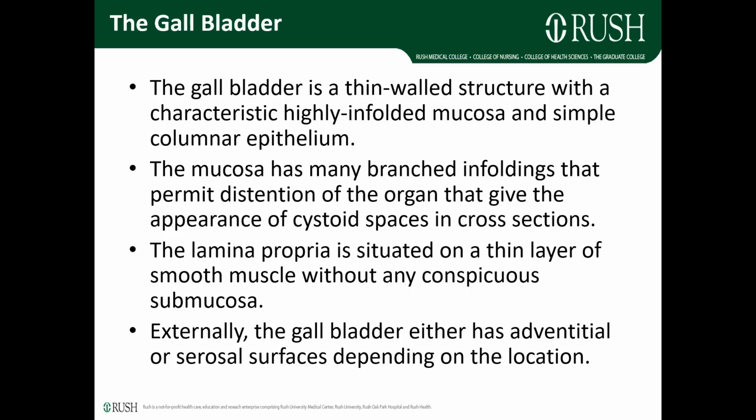Because the muscularis mucosa is also thin, the lamina propria appears to be sitting directly on the muscularis externa. Part of the gallbladder is attached to the liver, and that part has adventitia on the outside. The remaining surface of the gallbladder is classified as serosa.